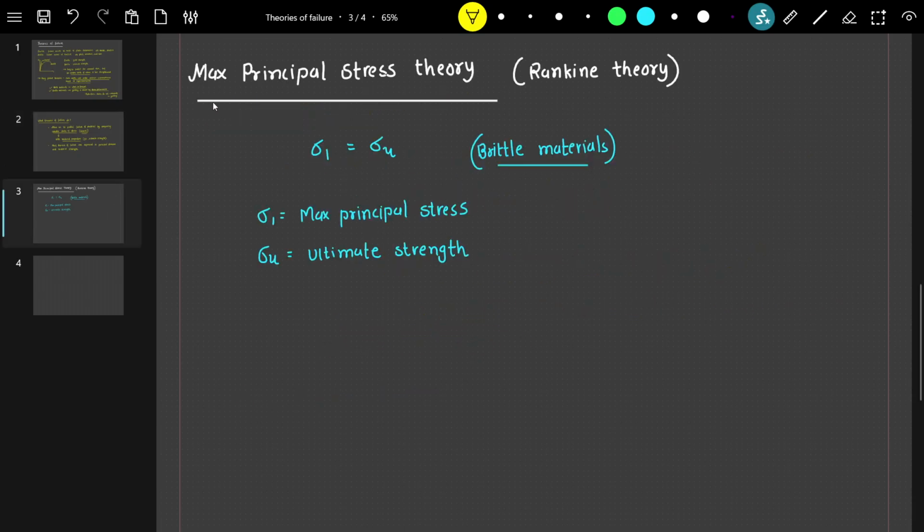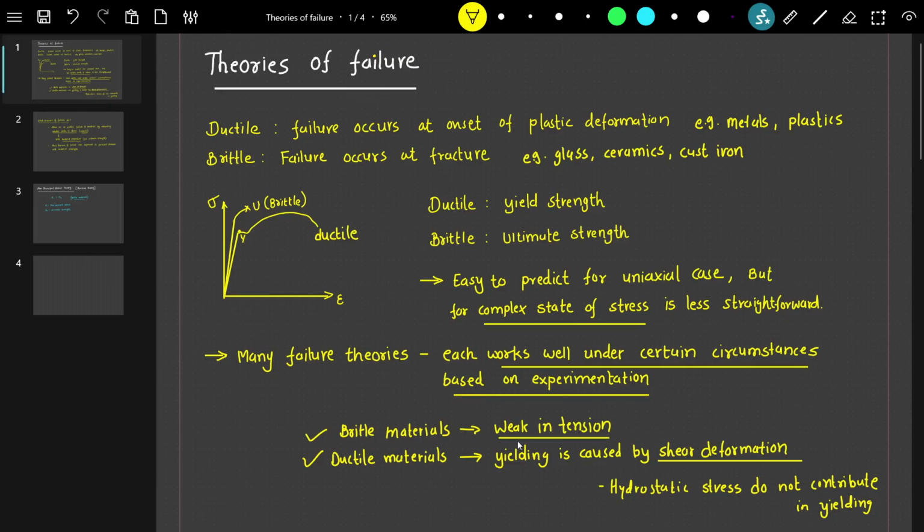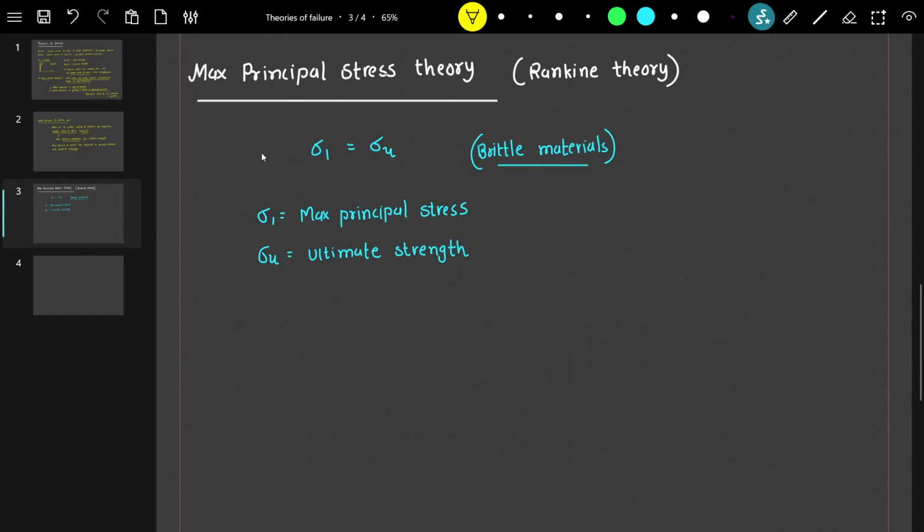First we will see the theory of failure for brittle material. As we said, brittle materials are weak in tension, so our theory of failure should comply with this key observation from experiments. This theory states that when the maximum principal stress sigma 1 at a point reaches the ultimate strength of the material, it fails.